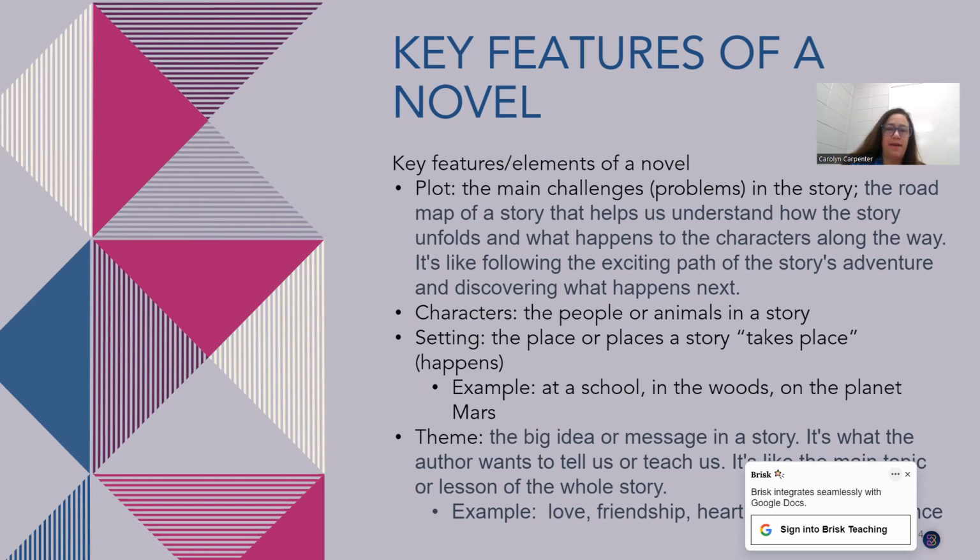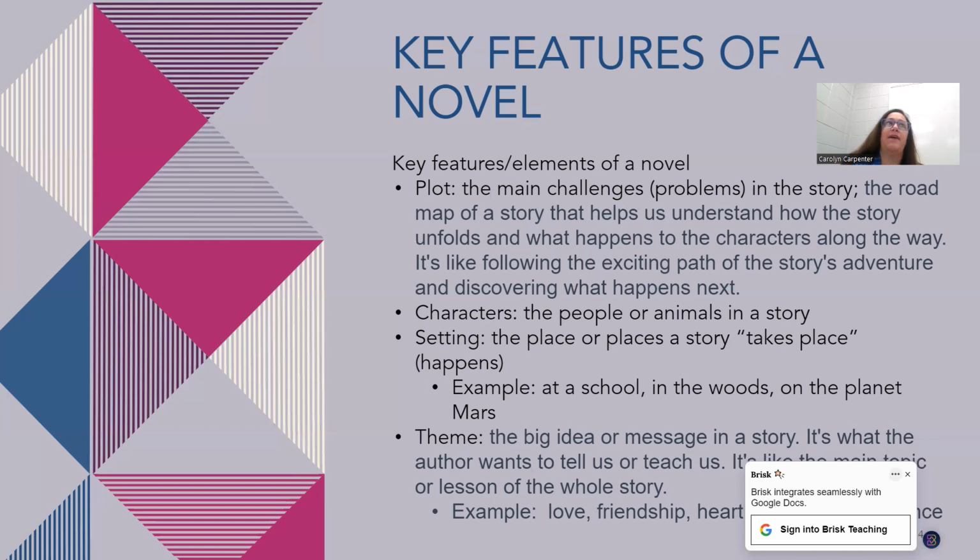And then we have theme, which is the big idea or message in the story. Usually stories have multiple themes, okay? So what I mean by that is you might have a story where they're talking about romance, okay? They're talking about love, but maybe somebody dies in the story. So then another theme besides love would be death.